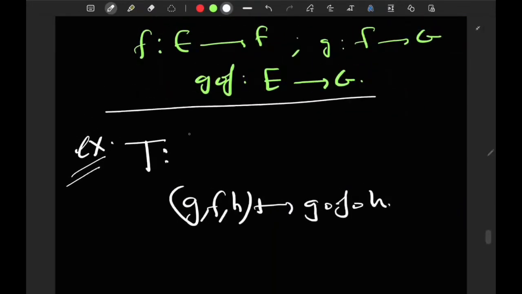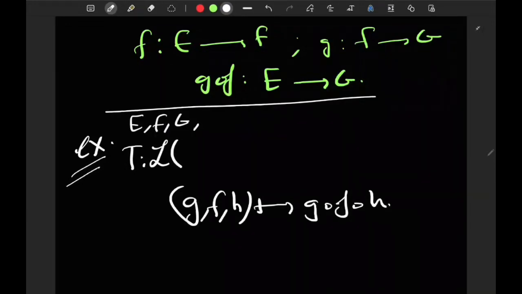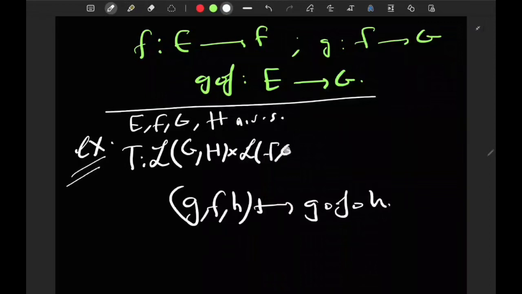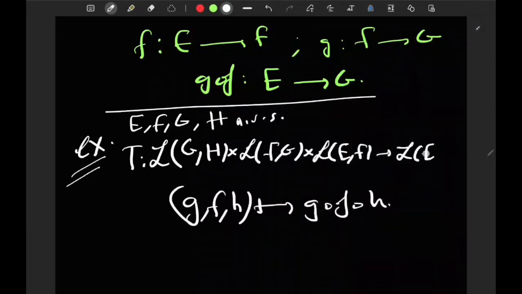I'm going to be needing E, F, G, and H normed vector spaces. T goes from L of GH cross L of FG cross L of EF, and lands in L of EH.